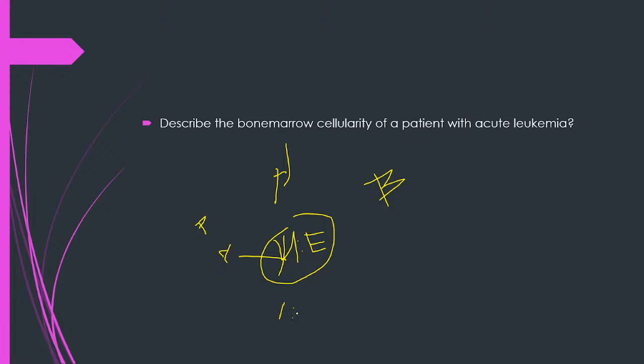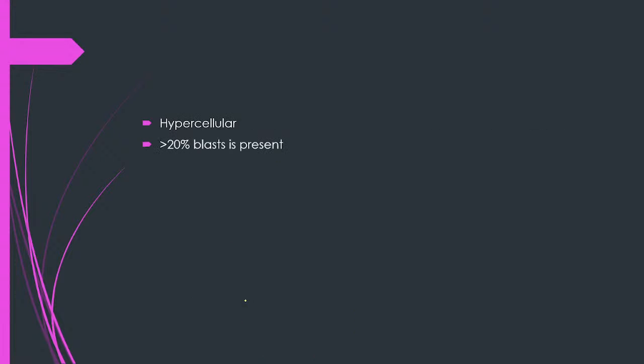Normally it's 1:2 to 1:4. But for patients with acute leukemias, it's 1:2 to 1:20. It's so abnormal that the erythroid precursors are being overlapped.